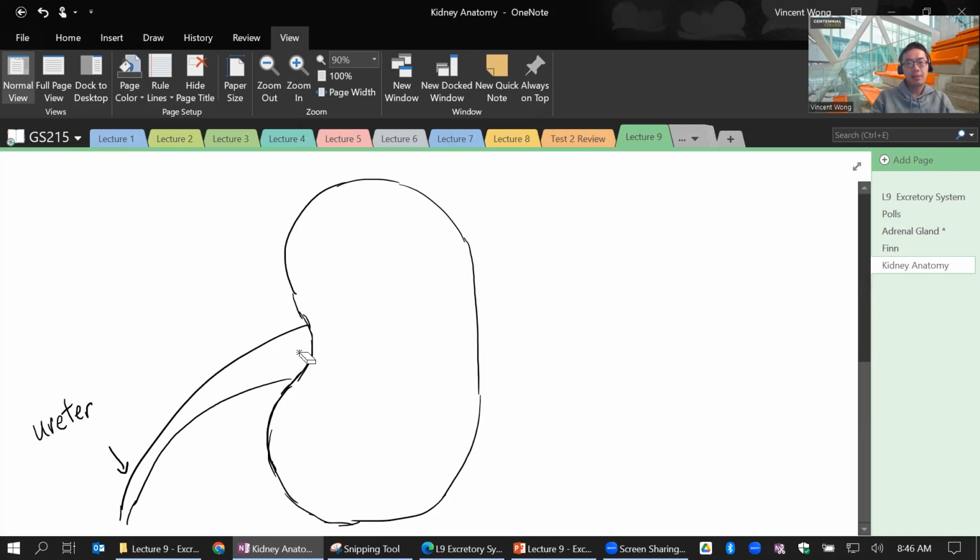And this bigger portion immediately coming out of the kidney is called the renal pelvis. It's basically the beginning of the ureter, a transition from the kidney coming out and becoming a more narrow tube. That's called the renal pelvis.